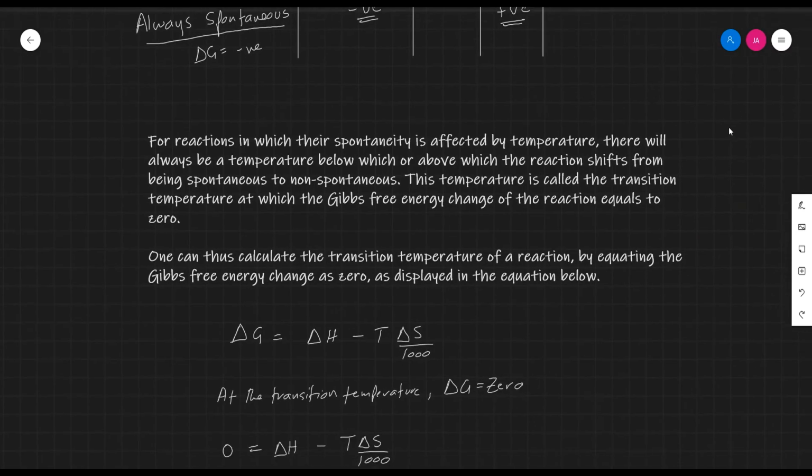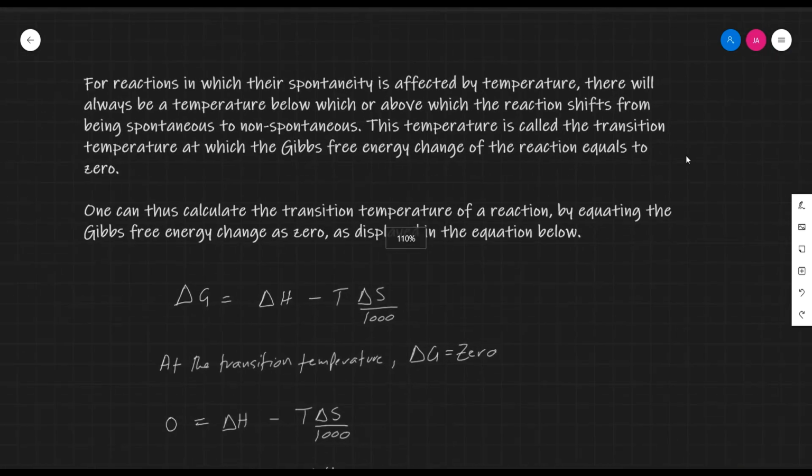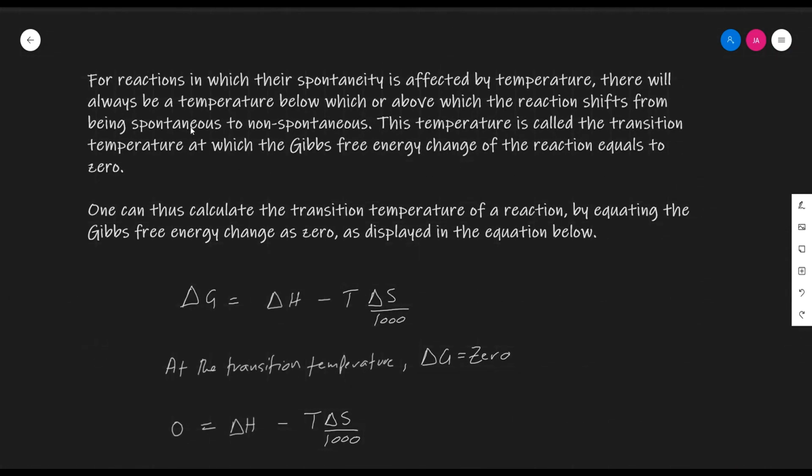I've stated this here. For reactions in which their spontaneity is affected by temperature, there will always be a temperature below or above which the reaction shifts from being spontaneous to non-spontaneous. This temperature is called the transition temperature, at which the Gibbs free energy change of the reaction equals 0.